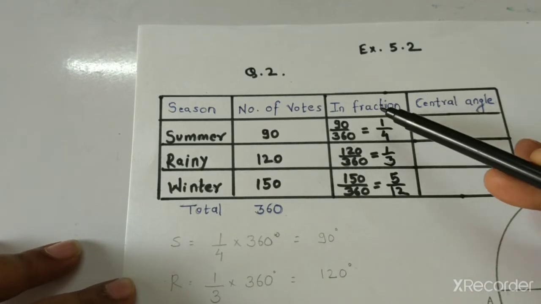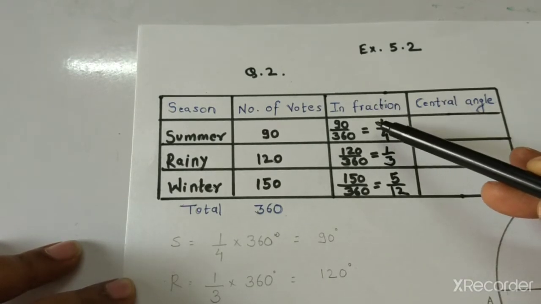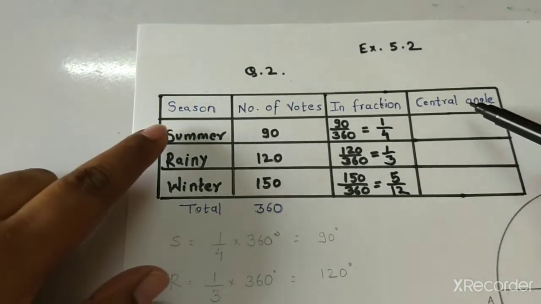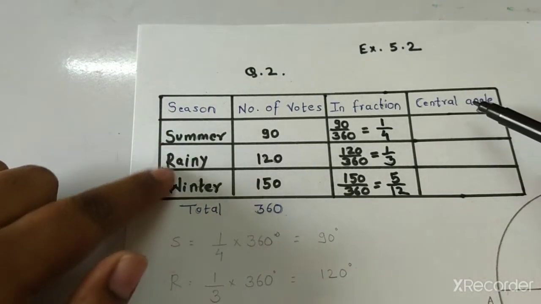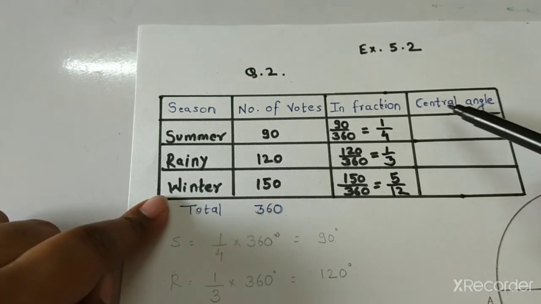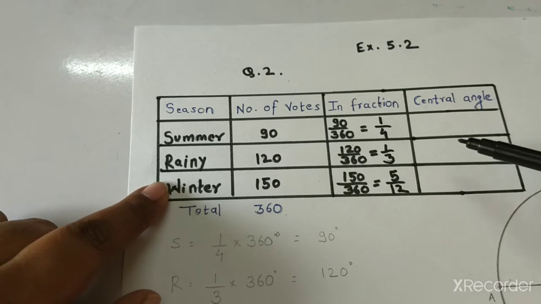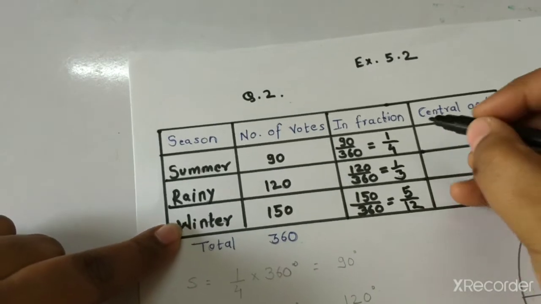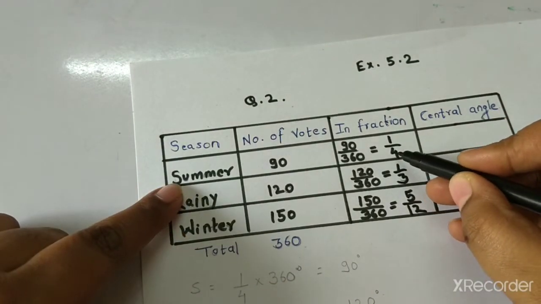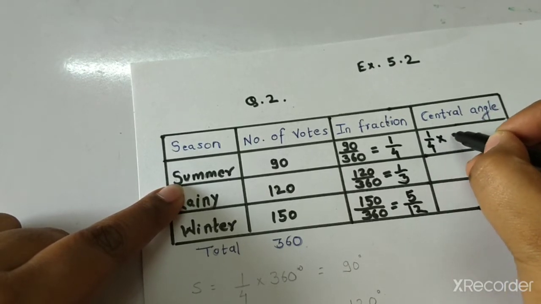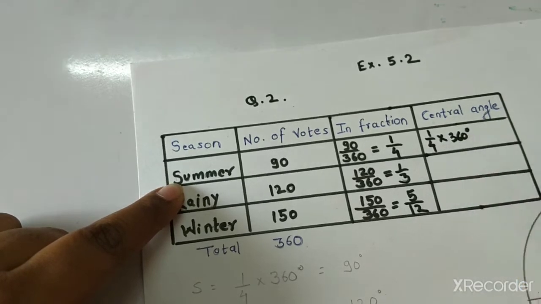So now once you get the fraction, we come to the central angle of the sector for each season, right? We have to find the central angle of the sector, which I have already shown you. Now how to find it: for summer the fraction is 1 upon 4, so it will be 1/4 of 360 degree.